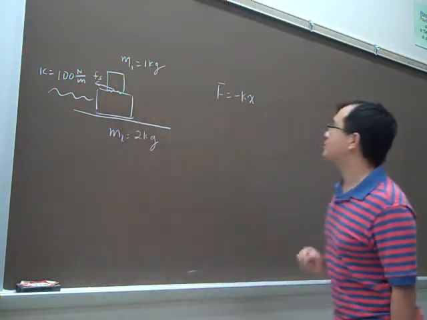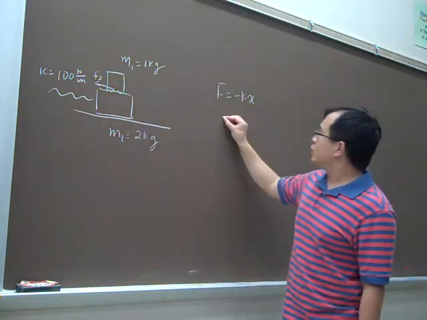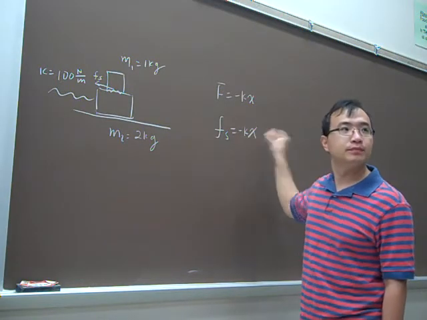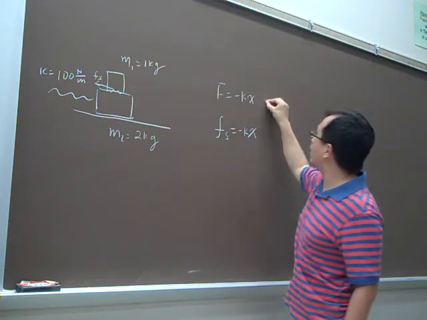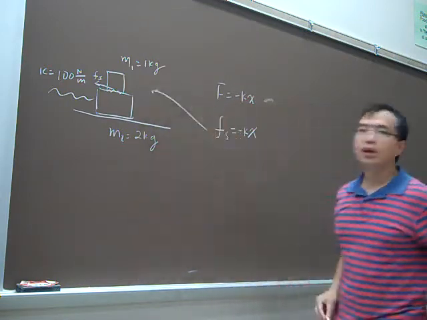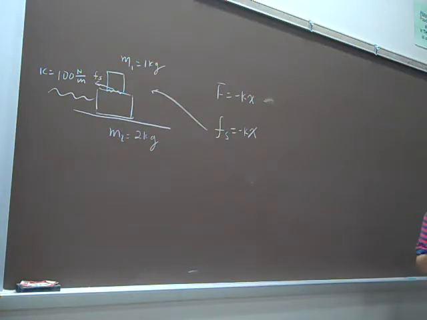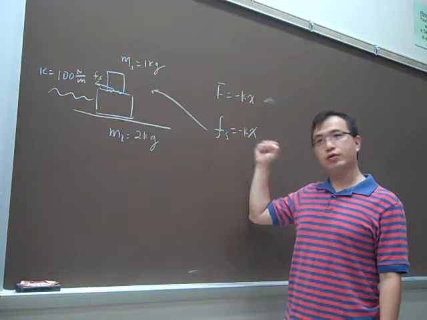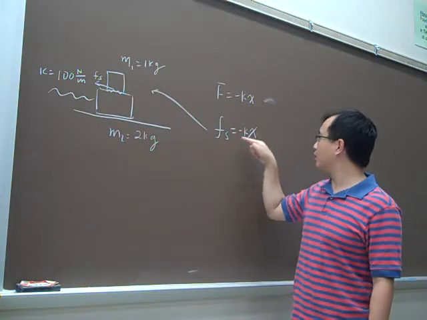And in this case, you should have this, right? For M1, in general. So to maintain the oscillation, the force has to take this form, okay?